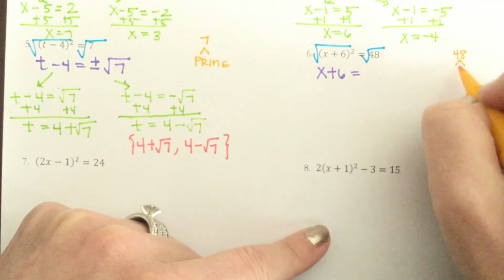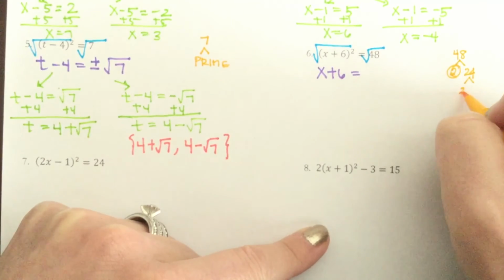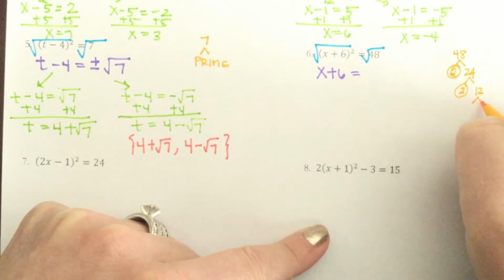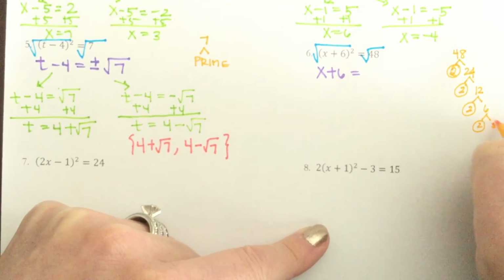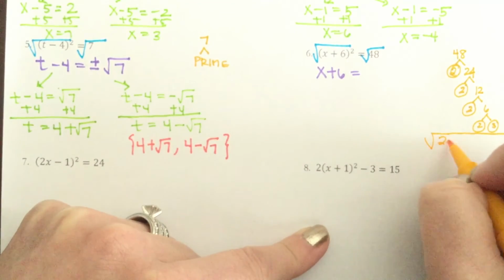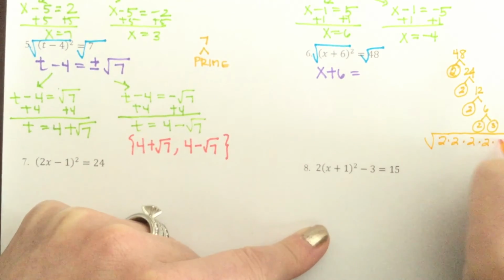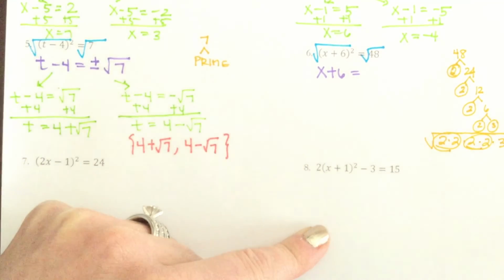So thinking about things that multiply to be 48, 2 times 24, we'll break that down into 2 times 12, 2 times 6, and 2 times 3. So the square root of 48 is the same thing as 2 times 2 times 2 times 2 times 3. I have a group of 2's here and a group of 2's there.